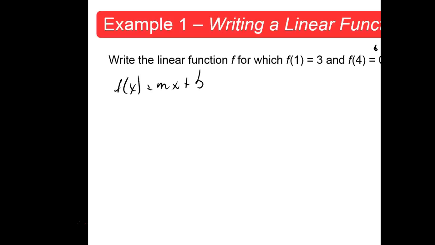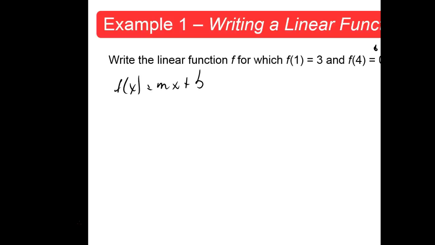So how do we get it? Which one do you want to go for first? And what are you going to do with that? Three goes in for f of x or y, yes.